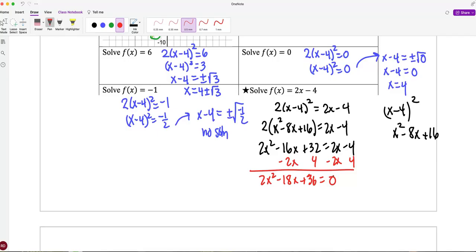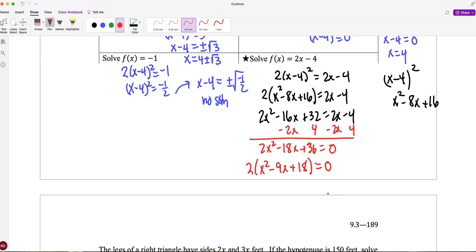I can solve this by factoring. If I factor out a 2, x squared minus 9x plus 18 equals 0. So what numbers will multiply to 18 and add to negative 9?